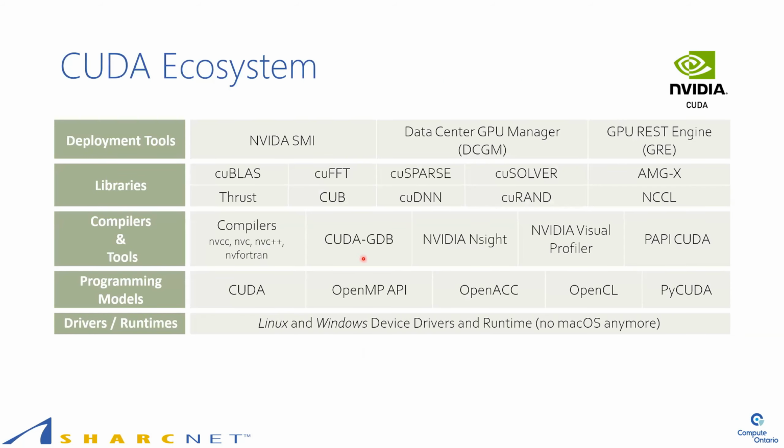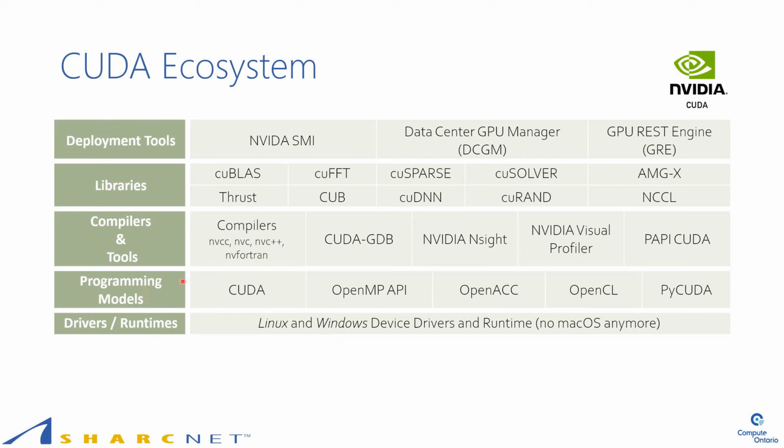Here is a summary of what the latest version of CUDA provides in its ecosystem. In the bottom, you can see the drivers and runtimes that CUDA is available for. You can see that at the beginning, Mac OS support was there, but not anymore. So now the drivers are only available for Linux and Windows.